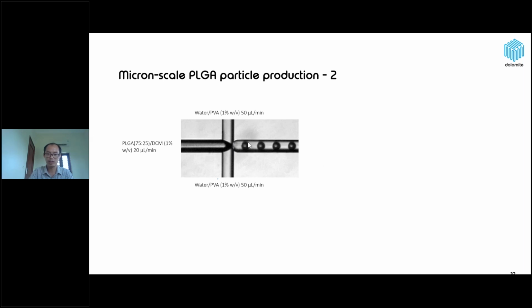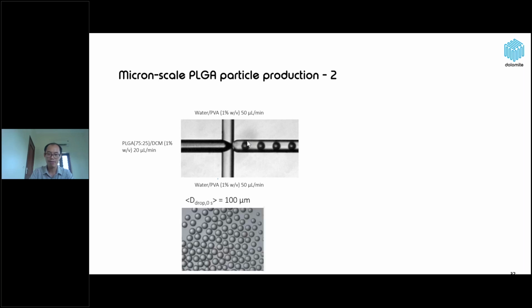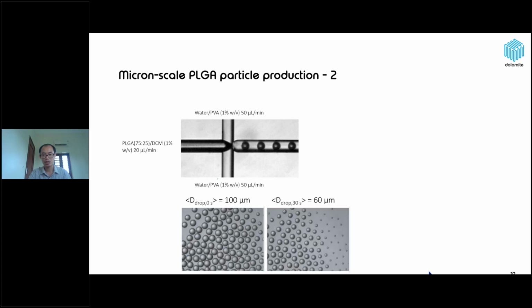So we can make droplets of around 100 micrometers, which contain PLGA in DCM inside and are dispersed in the water and PVA solution. After formation of the droplet, solvent extraction will occur. It means the DCM will diffuse from the droplet into the water phase, and it will leave the PLGA microparticles.